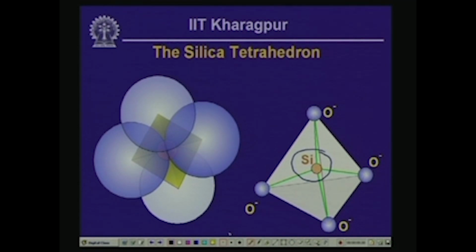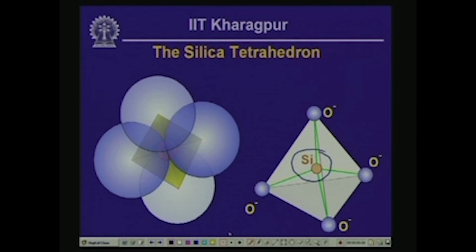Now, this is a schematic. You should realize that the cartoon shown on the right of the slide is actually a schematic, and in order to prepare this, we did not consider the relative size of the atoms of silicon and oxygen.